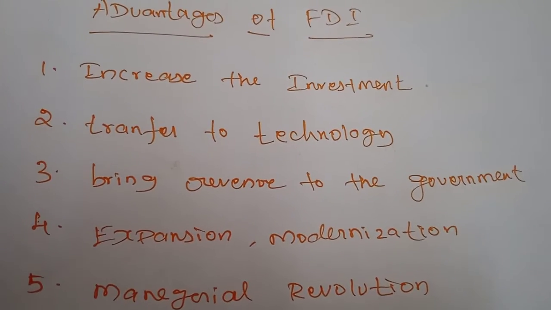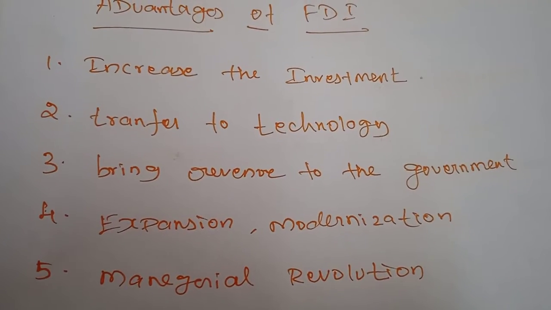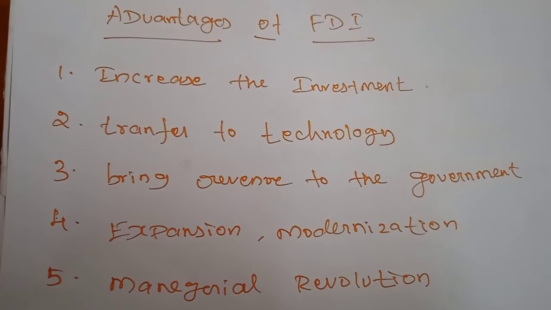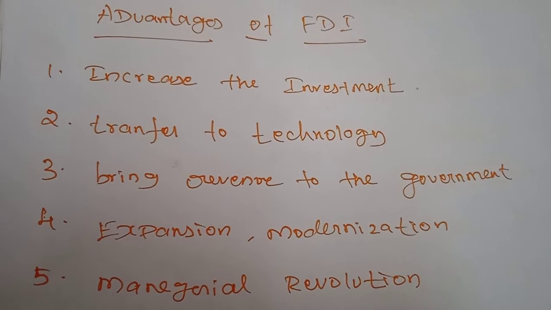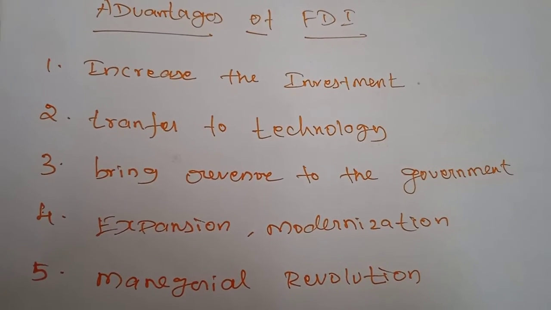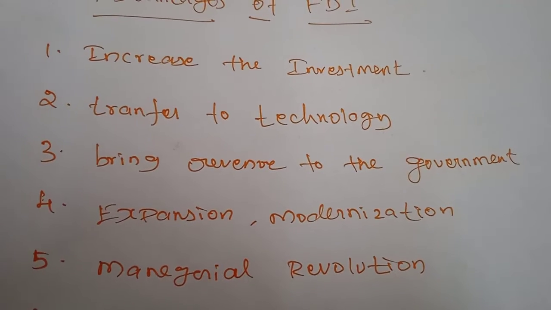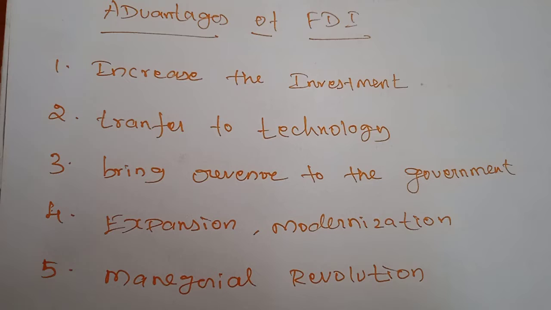Next, transfer of technology. Direct foreign investment may facilitate transfer of technology to the recipient countries. Our nation is a developing nation, but even underdeveloped countries will have the possibility to get more technologies.